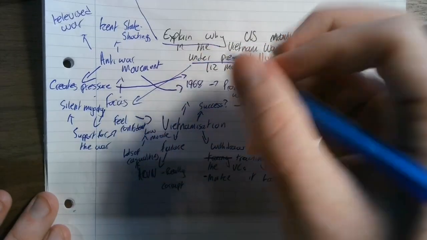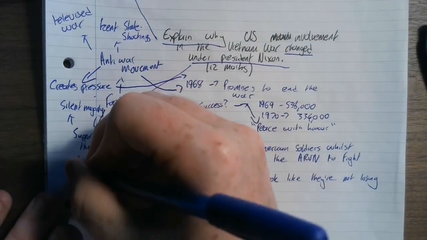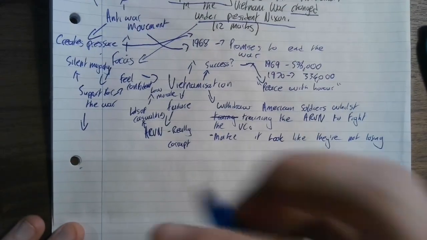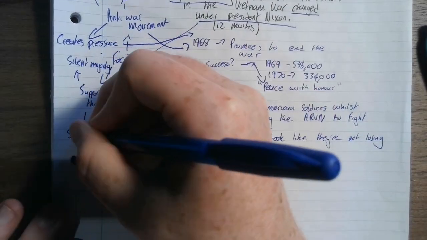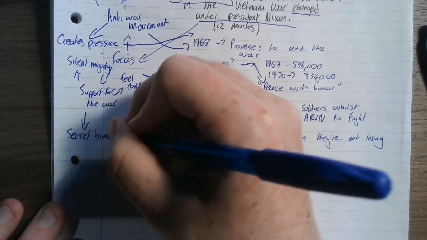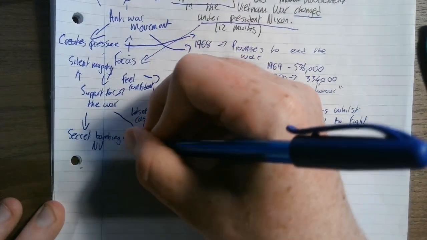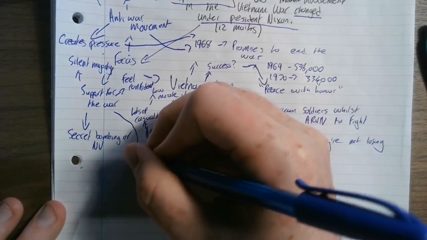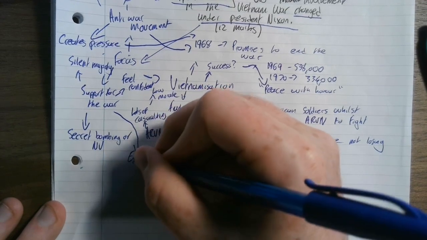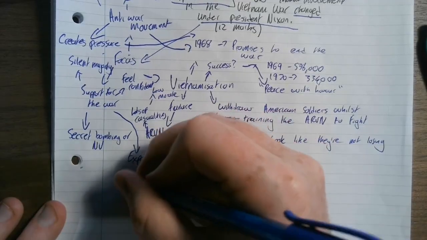And I always think when you're too confident, you're more likely to make mistakes. We know he becomes too confident because we've got the secret bombing of North Vietnam, but more importantly, the expansion of the war into Cambodia and Laos.